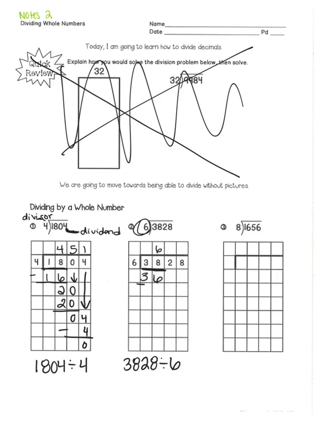It's 36. I get 2 left over, and I bring down my other 2. 6 can go into 22 3 times. I get 18. And I have 4 left over, and I have 48, and 6 goes into 48 8 times, and I have nothing left over. So this is where it's really important to know your math facts, okay?